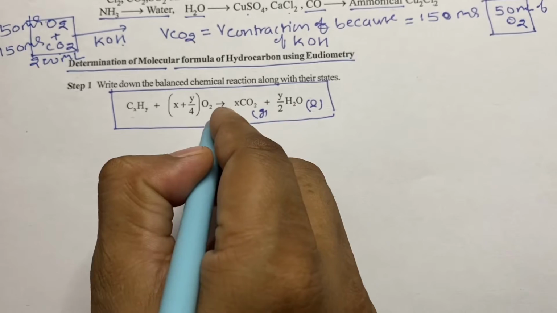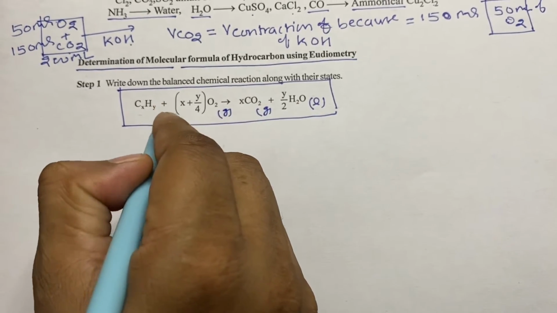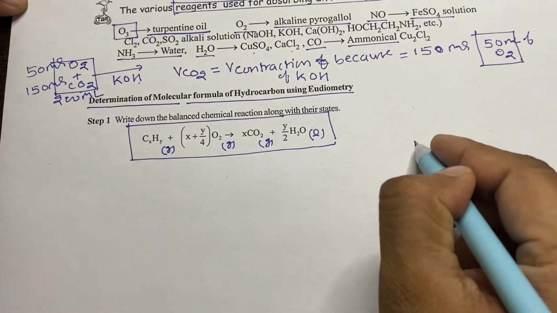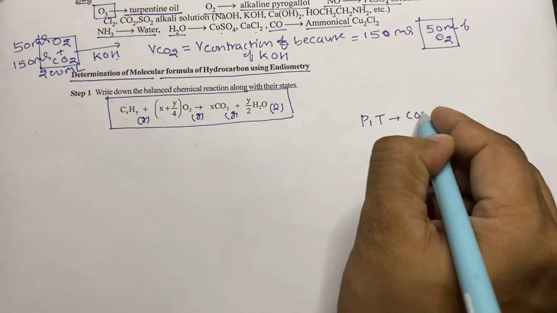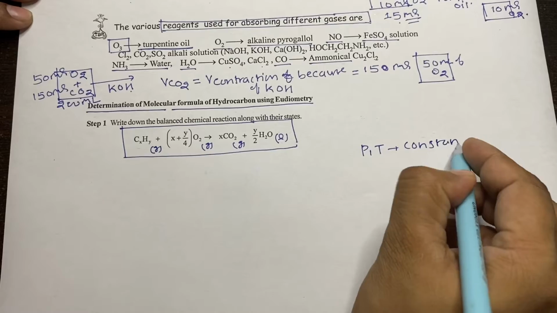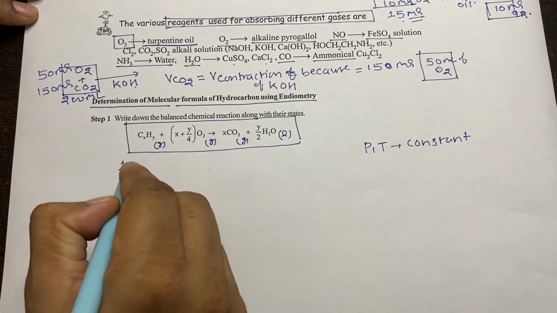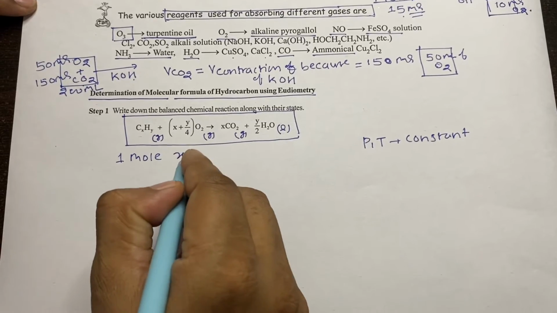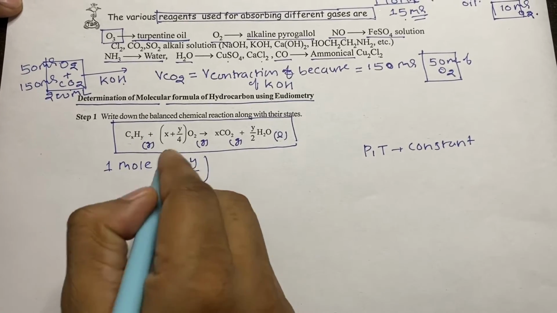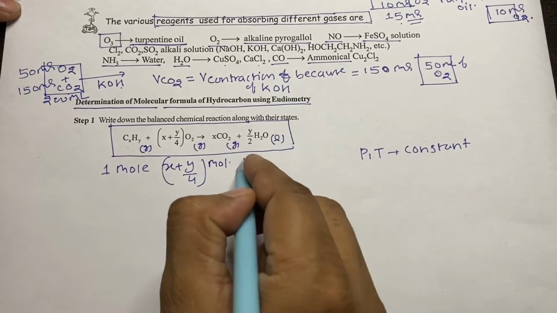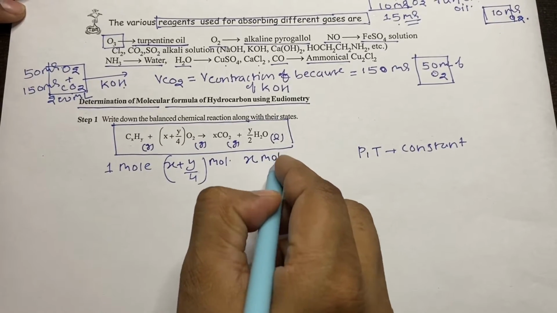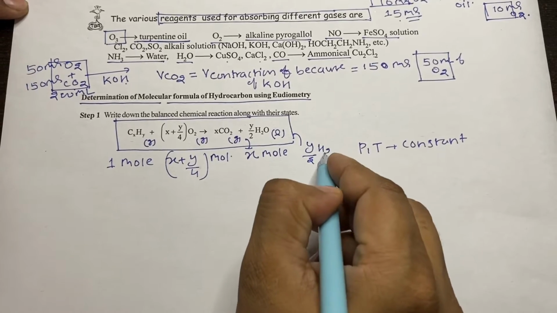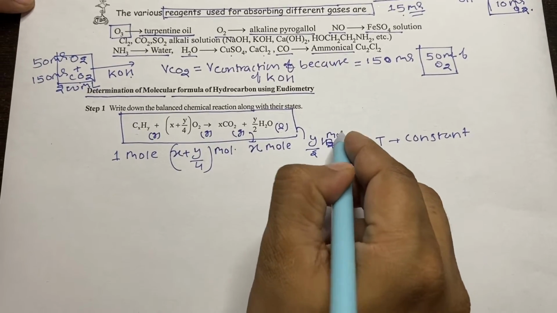To be noted, these are in the gaseous phase. If identical conditions of pressure and temperature are given, or P and T are constant, we can write that this will be 1 mole and this will be x plus y/4 moles. This will be x moles of CO2 and this will be y/2 moles of H2O.